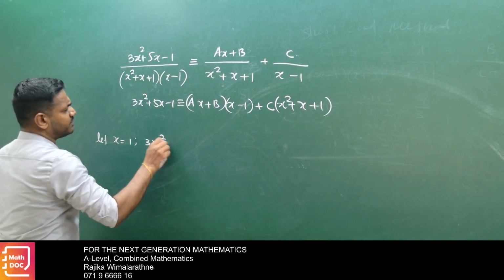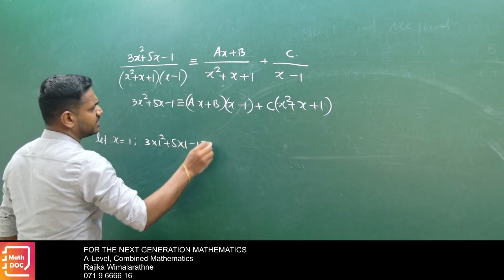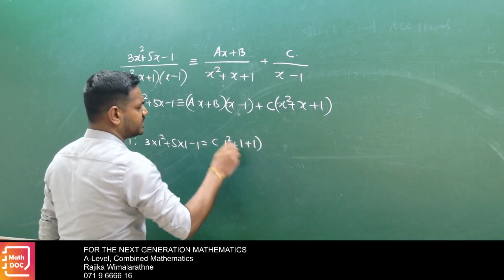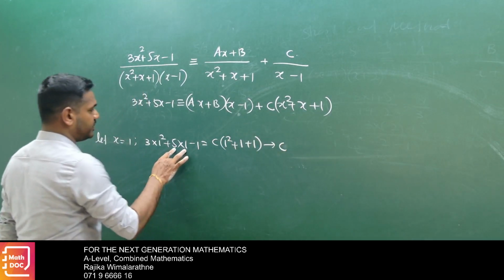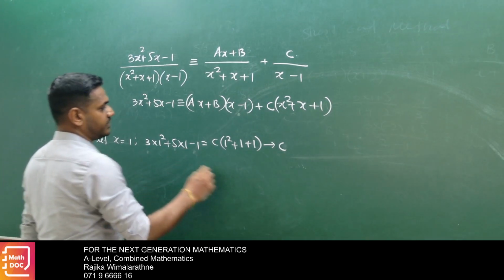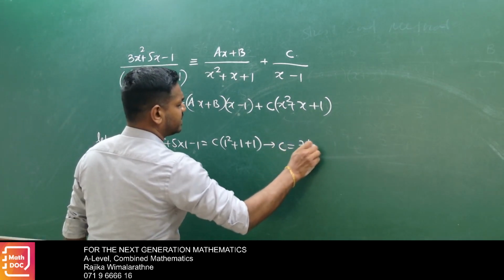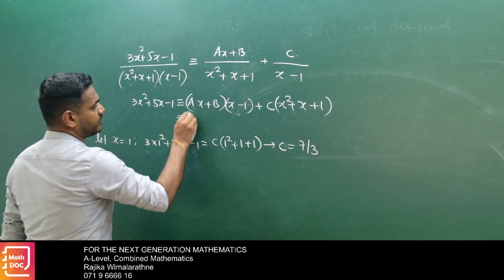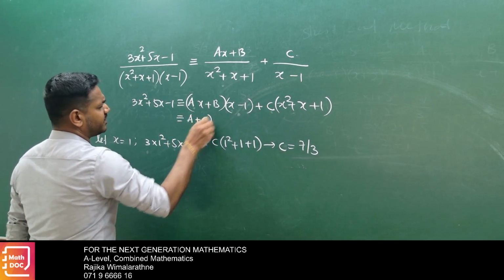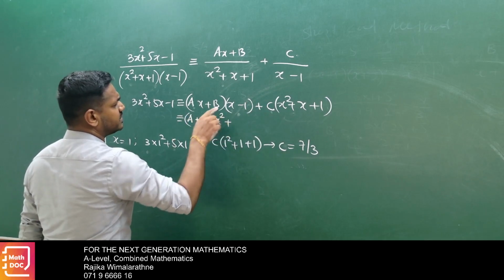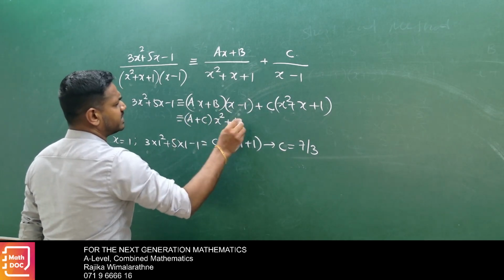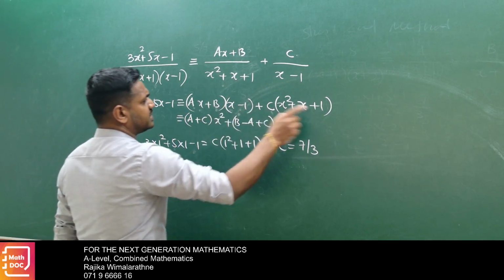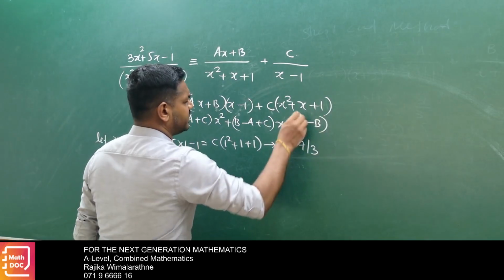3 into 1 squared plus 5 into 1 minus 1. Here this is 0, and 1 squared plus 1 plus 1. Then c is 7 over 3. Then it is better to expand and rearrange the terms: (a plus c) x squared, (b minus a plus c) x, (c minus b).